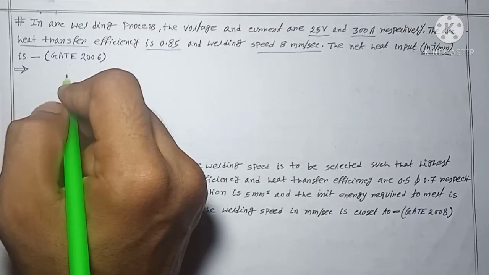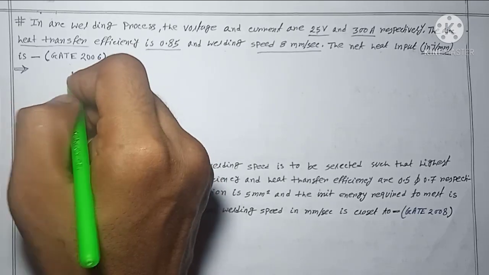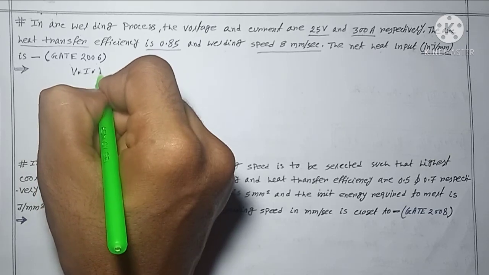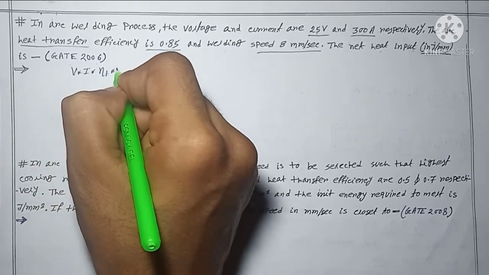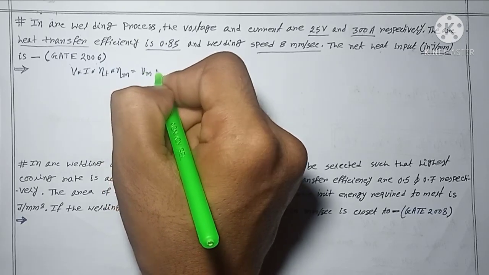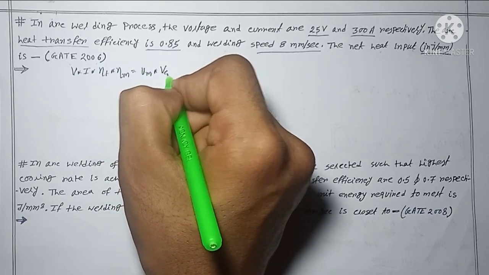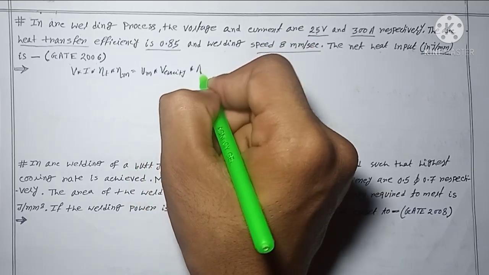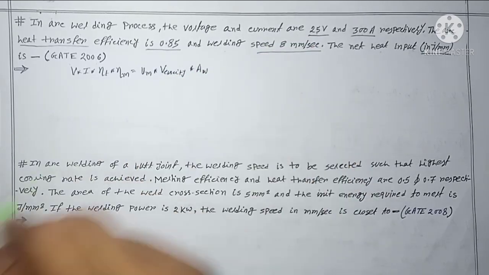In the previous video I gave you the relation that voltage into current into transfer efficiency into melting efficiency is equal to heat input into welding velocity into weld cross section area. Am I right?